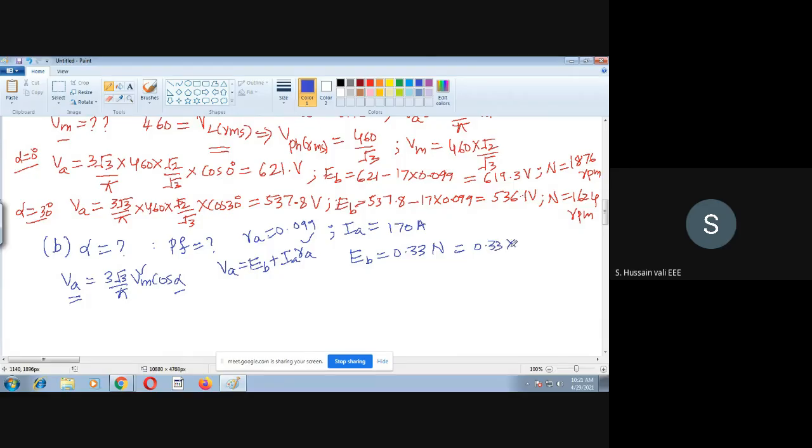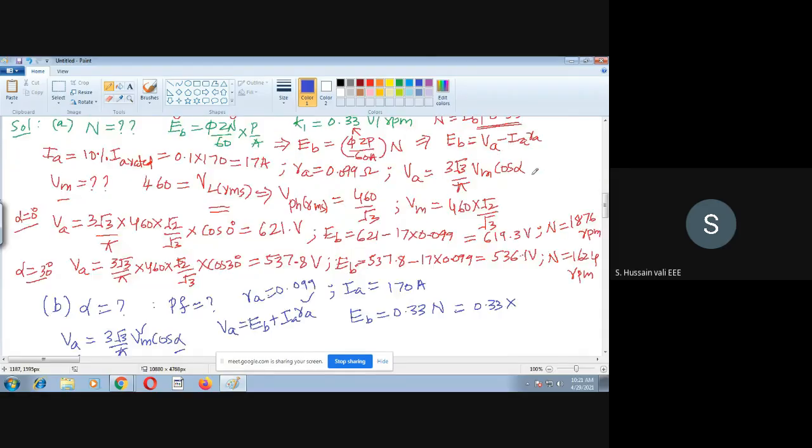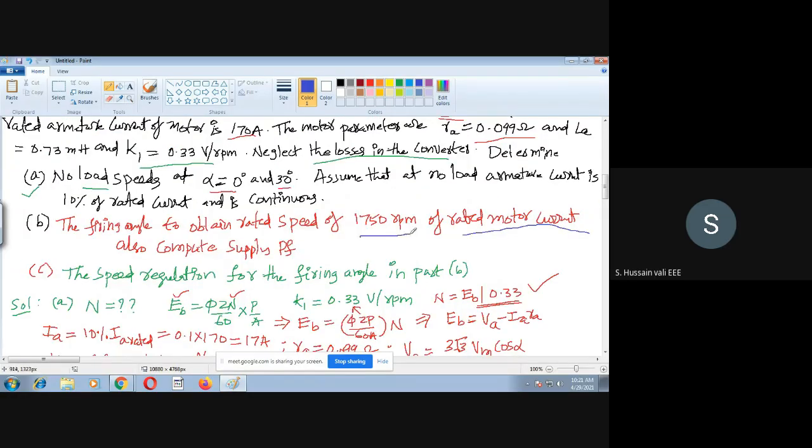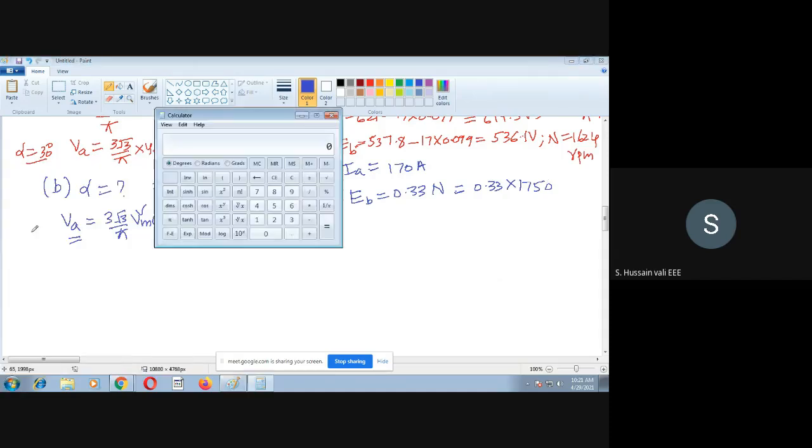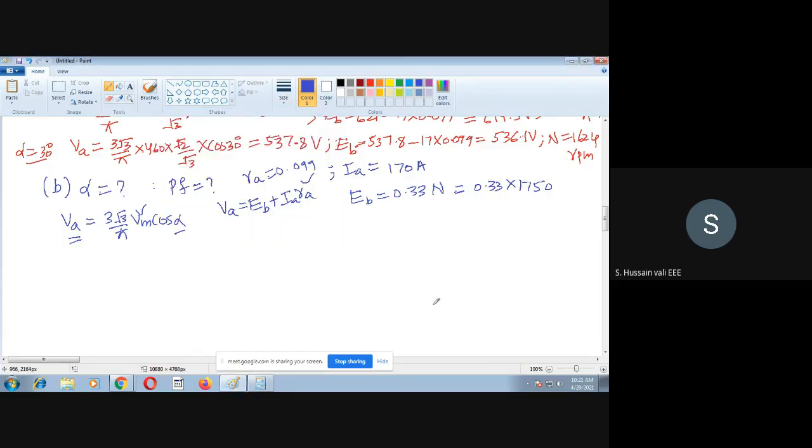What is the speed he has given in the problem? He said rated speed, that is 1750 rpm. Substituting 1750 rpm, we get 577.5 volts. So we got Eb as 577.5.